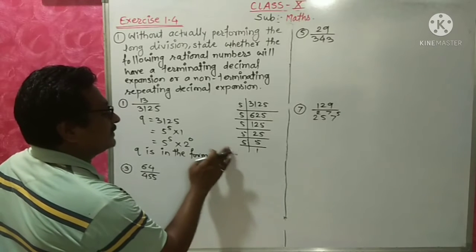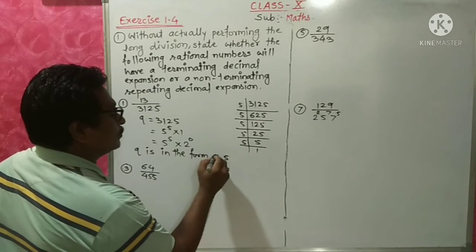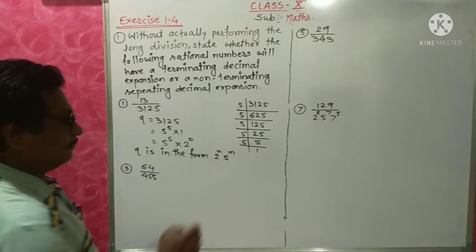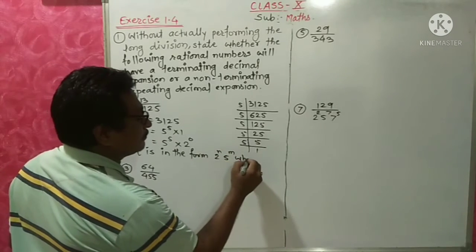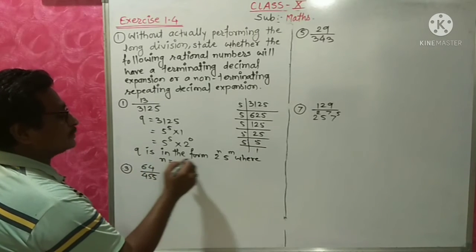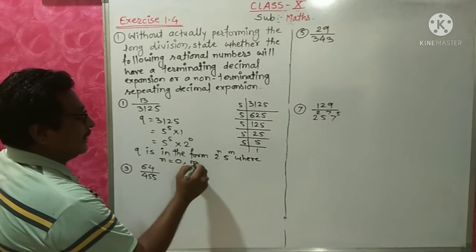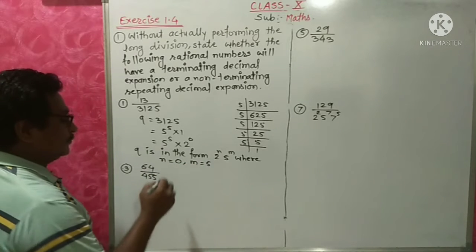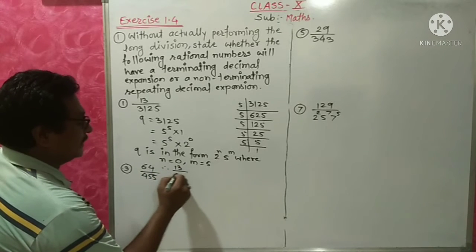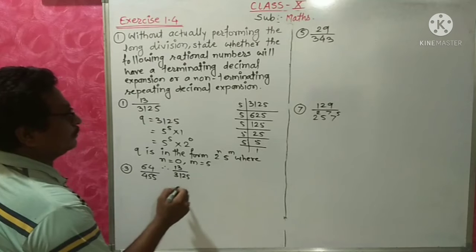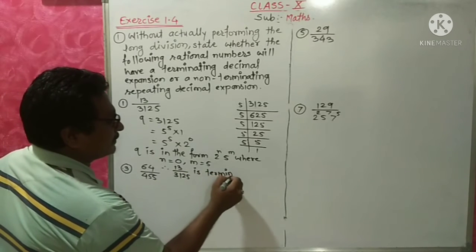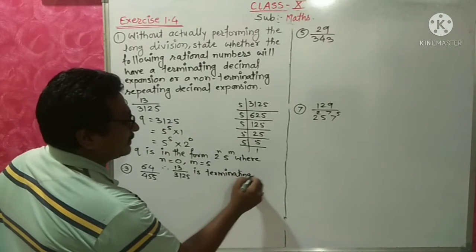So here we can write 2 raised to the power n, 5 raised to the power m, where n equals 0, m equals 5. Therefore 13 by 3125 is a terminating decimal.